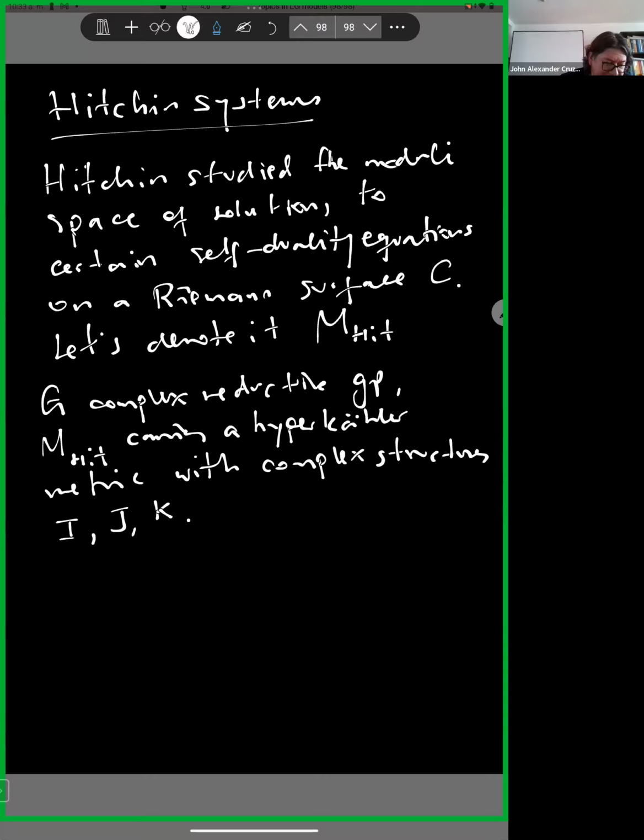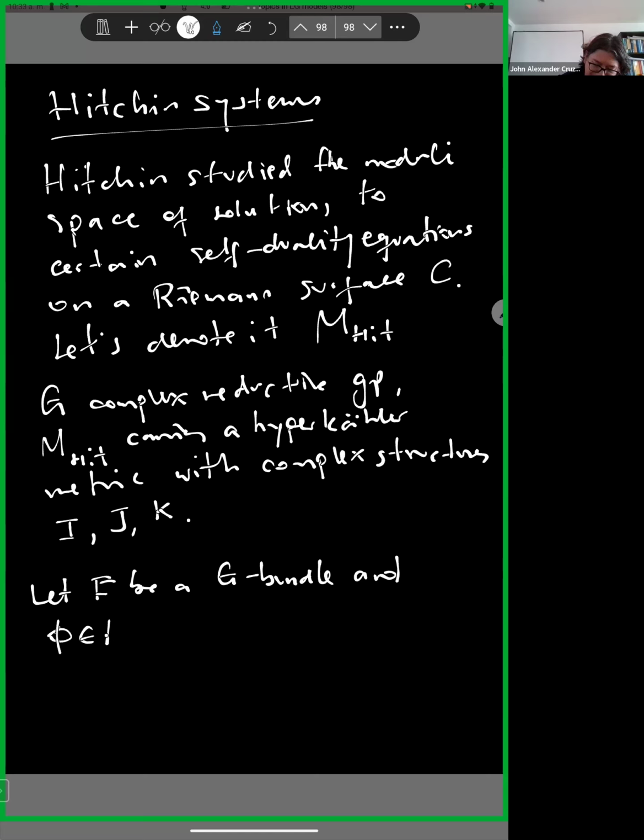Now consider a G bundle E. Let E be a G bundle, and consider what is called the Higgs field.